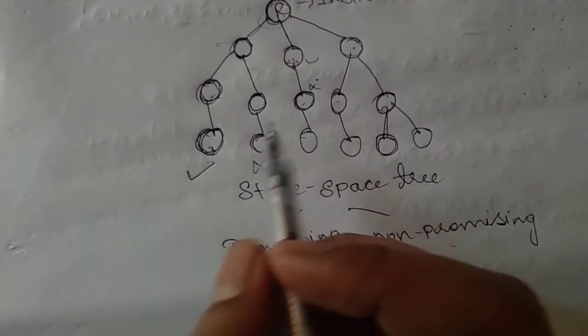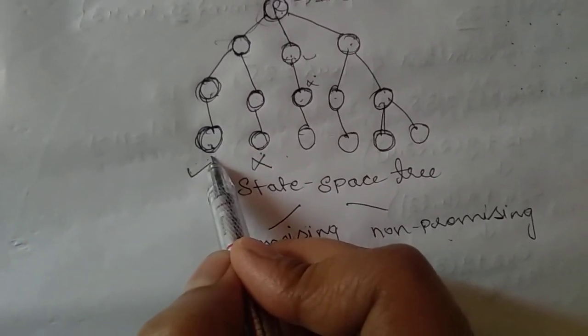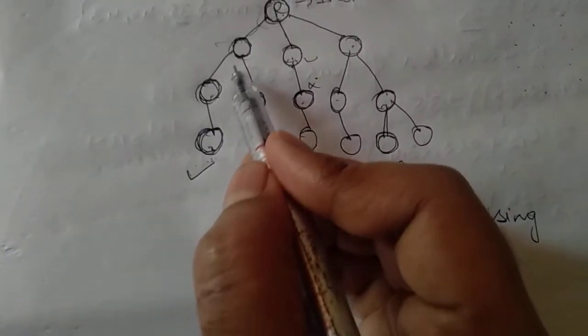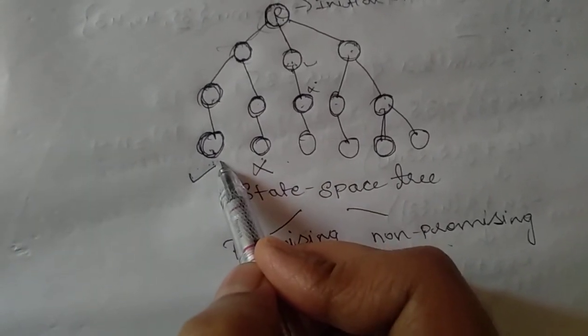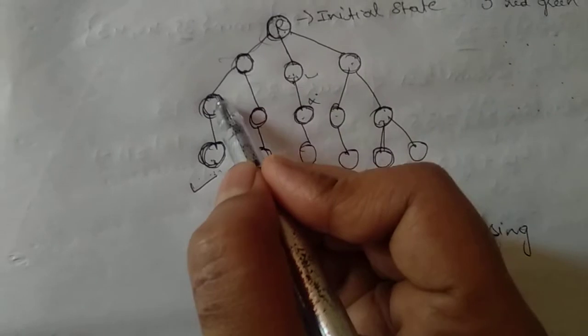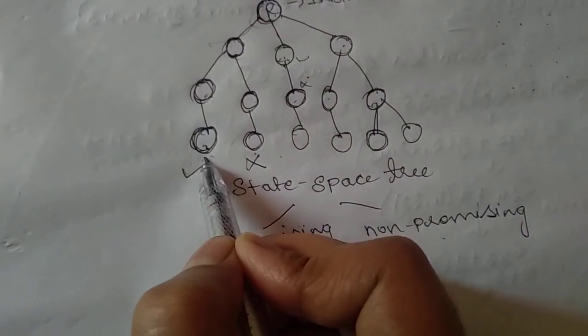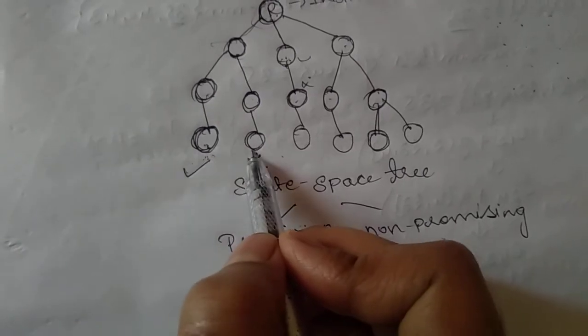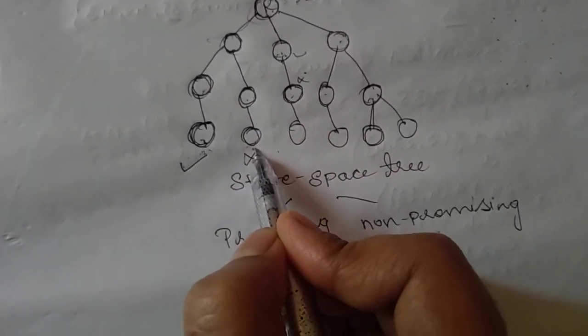If the current node is promising, its child is generated by adding the first remaining option for the next component of the solution. If the current node is non-promising, then its child also will be non-promising.